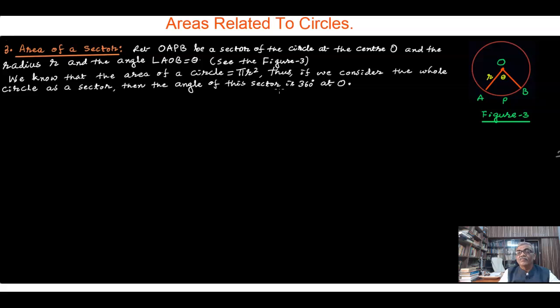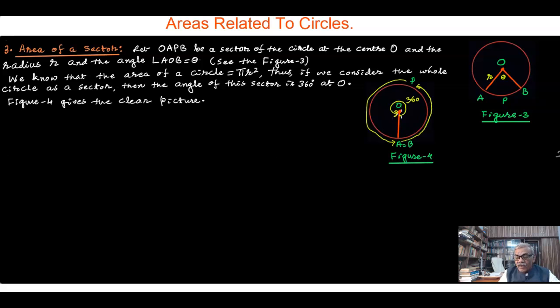Now, we know that the area of the circle is pi r squared. Thus, if we consider the whole circle as a sector, then the angle of this sector is 360 degrees at O. Now you can see here A and B are coinciding with each other, it is just going to be a single line, and this whole APB is going to be the whole circle, and the angle subtended by this whole circle at the center is 360 degrees.